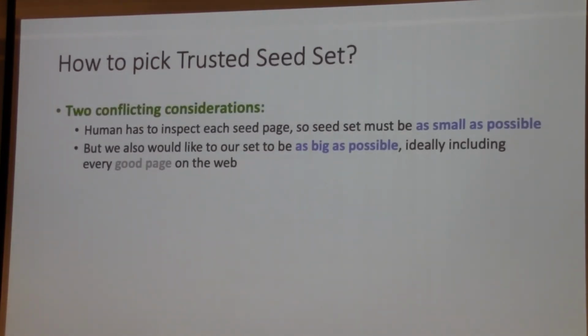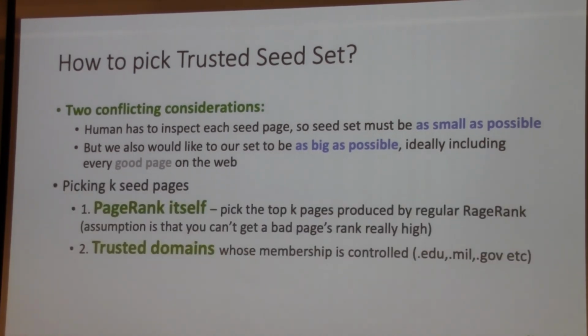Okay, so now we're at Google, and I want to pick a good trusted set. I need a trusted seed set. So some of them have to be picked manually, and some of them can be done automatically. I need it to be big, but it's also small because humans are doing it.